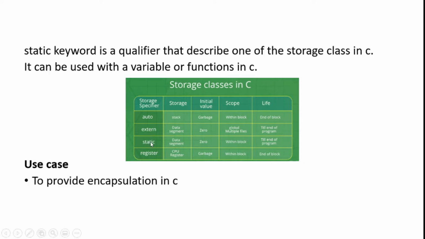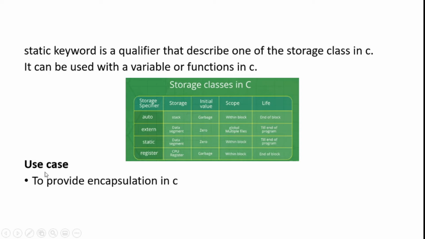If a variable is defined as static, it is stored in the data segment section of RAM, and if it is not initialized, its value is 0. Its scope will be within the block in which it is defined, and its life will be till the end of the program. So even if we define a variable in a function that is local to that function, its life will be till the end of the program.